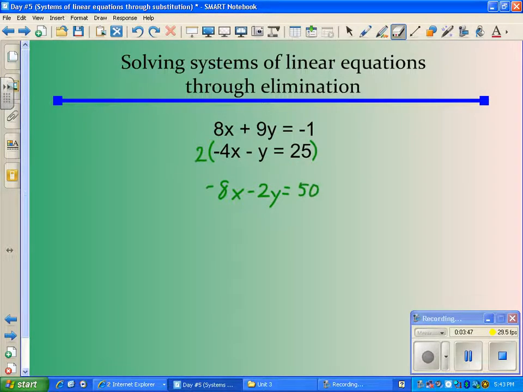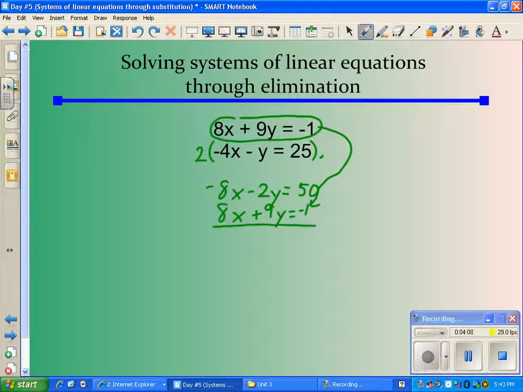Well, we didn't have to do anything to the top equation because, look, we now have 8x. That's going to cancel out with a negative 8x. So I'm just going to take this equation and I'm going to write it below. I'm not changing anything, just writing it below.